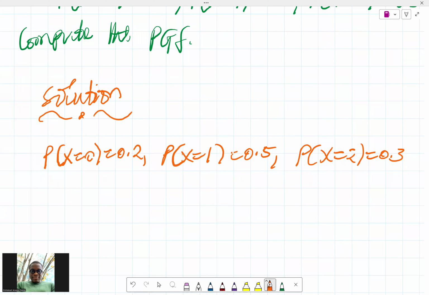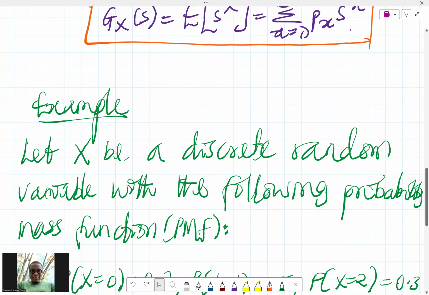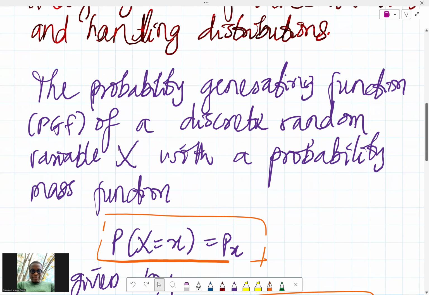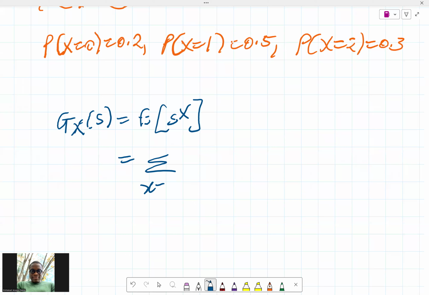Then G sub X of s is the expected value of s raised to X, which is the summation from x equals 0 to infinity of P of x times s raised to power x. In this case, we just have three cases.